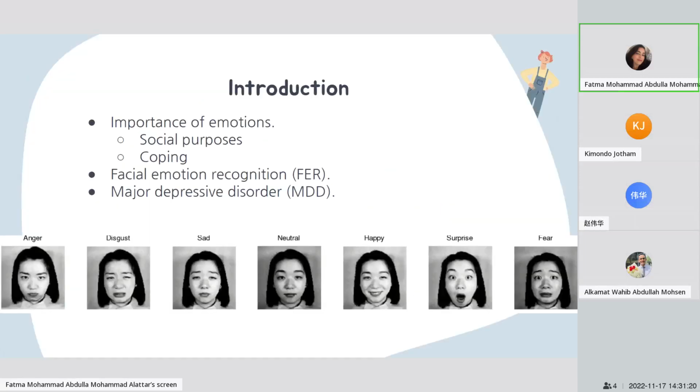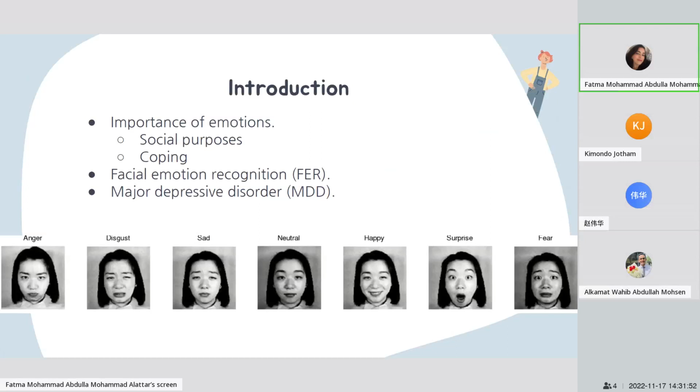Emotions have captured the interest of researchers because of their importance. The importance lies in the two primary functions they have: one, social purposes, and two, coping with life tasks and experiences. The social purposes it serves is letting people know about our feelings and building, sustaining, and ending relationships by acting upon others' interactions with us.